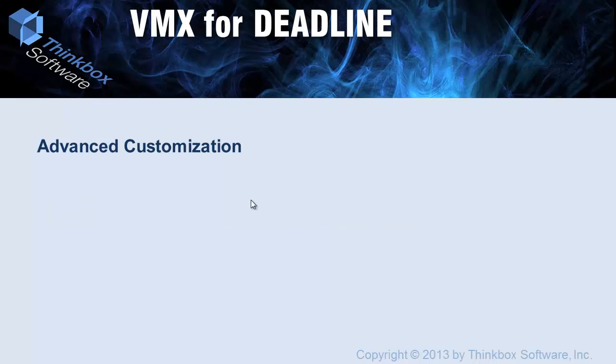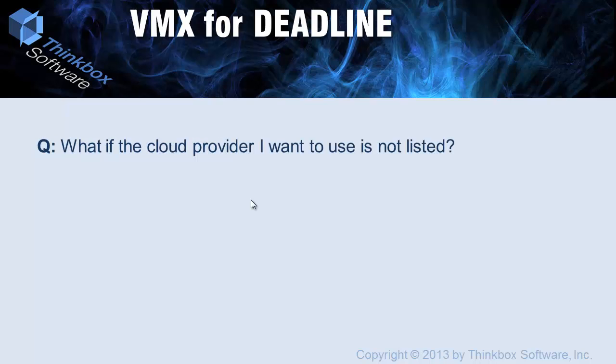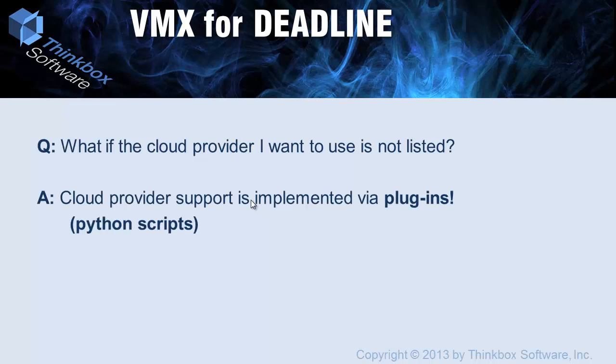So now I'd like to talk about some advanced customization features of VMX. What if the cloud provider I want to use is not listed? Well, you saw previously a very long list of cloud providers. However, there's new ones being added every day, and perhaps you want to add some additional functionality or hooks or triggers into the cloud providers that are already supported. Well, the answer is that the cloud provider support is implemented via plugins, and plugins are written in Python.